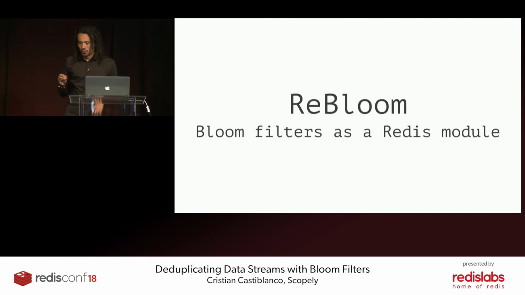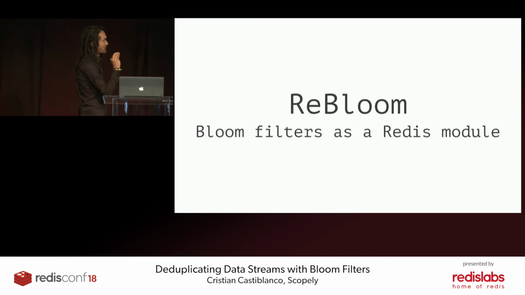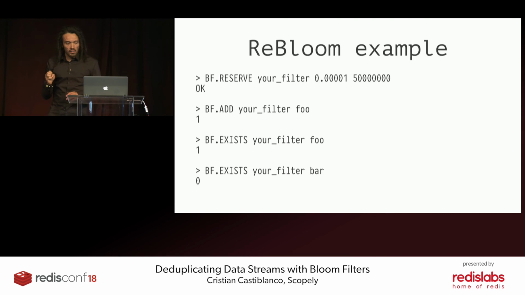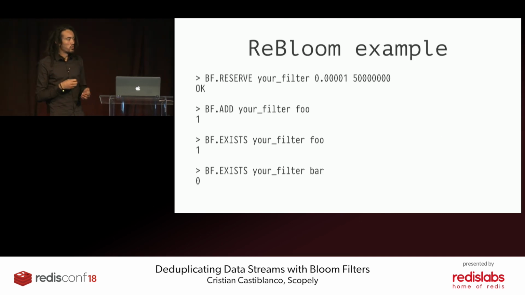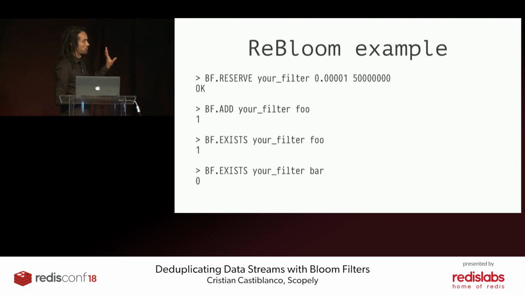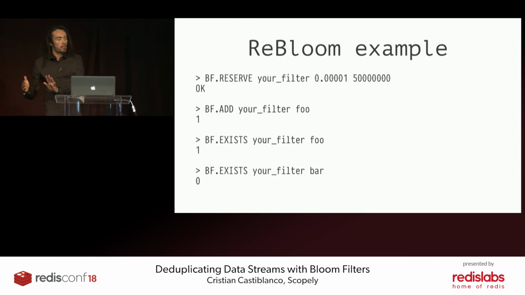So that brings us to RedBloom. And this is basically what the talk was about. So RedBloom is an implementation of Bloom filters using Redis modules, okay? When you add it to your cluster, when you load it, what you have is a way to create filters with a specific error rate and capacity.